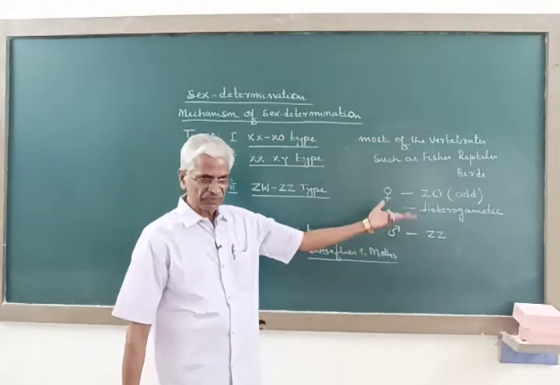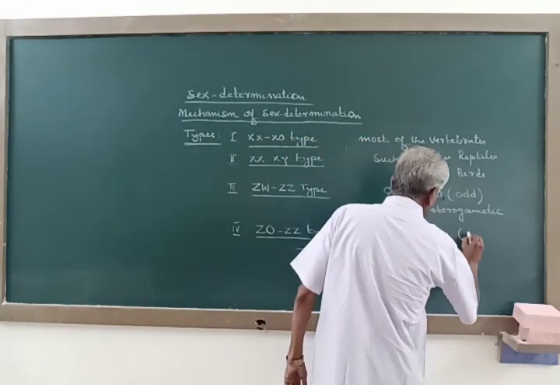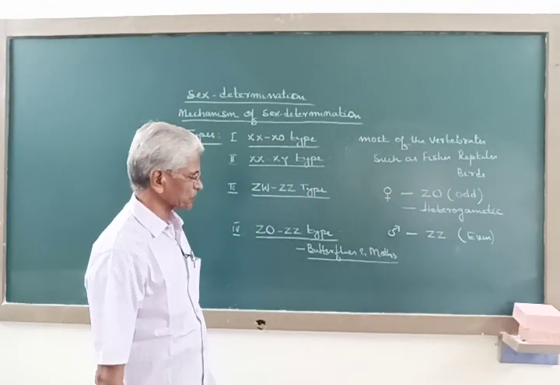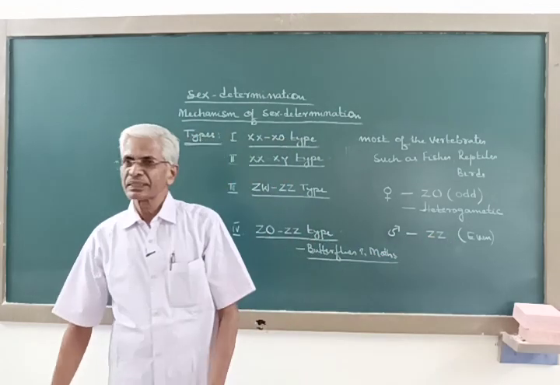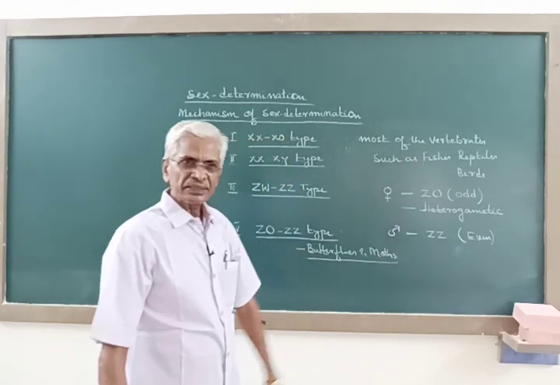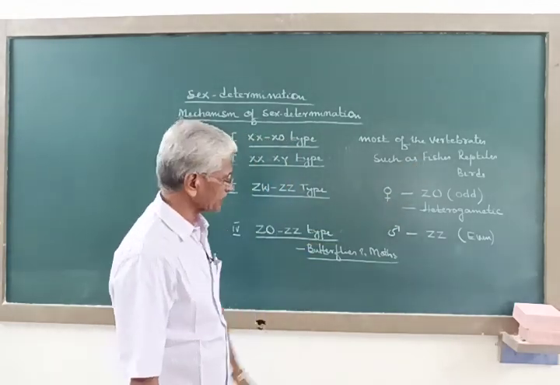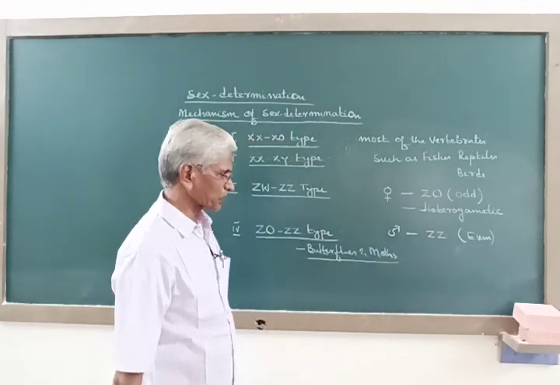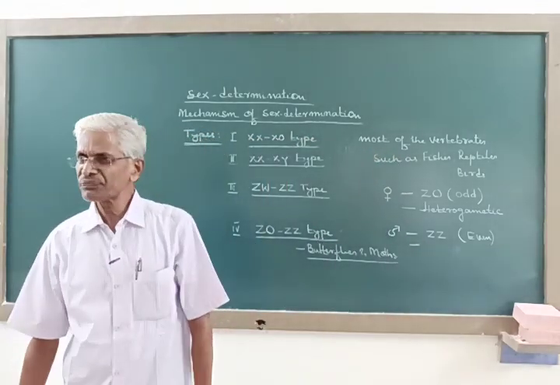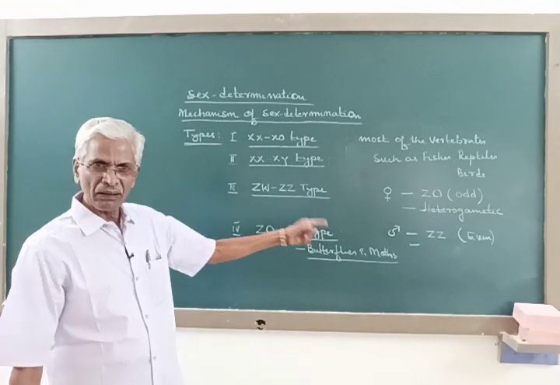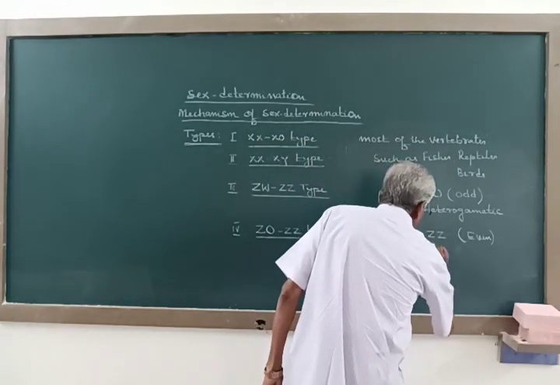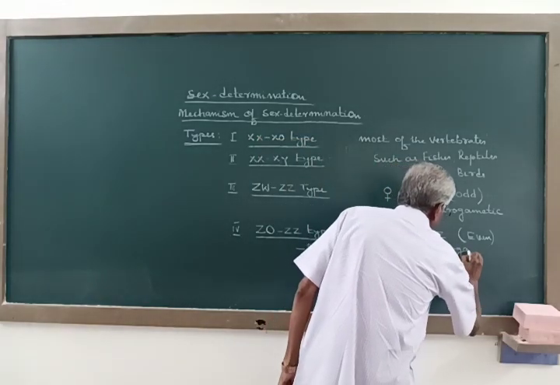So it has a pair of sex chromosomes, hence here the diploid number is an even number of chromosomes, because the sex chromosomes are present in pair, but in the female the sex chromosome is unpaired, only one sex chromosome, that is Z. The sperms produced by this male are all uniform, all the same, all will carry one sex chromosome, that is Z. And hence here it is homogametic.